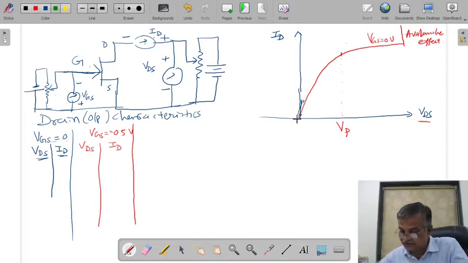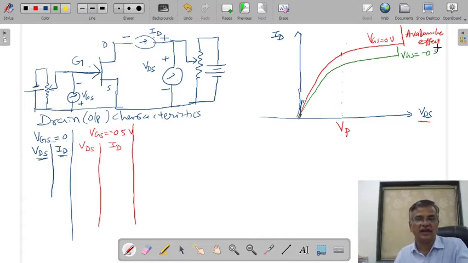The graph of similar shape is obtained, but it is shifted in a downward direction, as I keep VGS at minus 0.5. This voltage is negative.